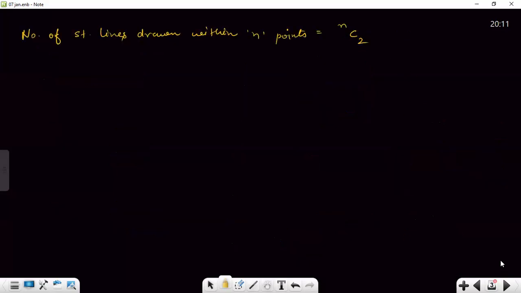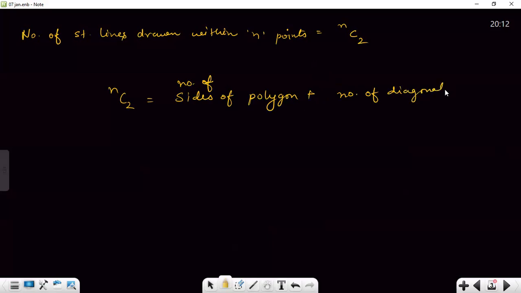So if we break this down, nC2 was the number of straight lines, and total straight lines were including the sides of the polygon plus the number of diagonals of the polygon. I should have written number of sides of polygon and number of diagonals of polygon, where n is the number of vertices.